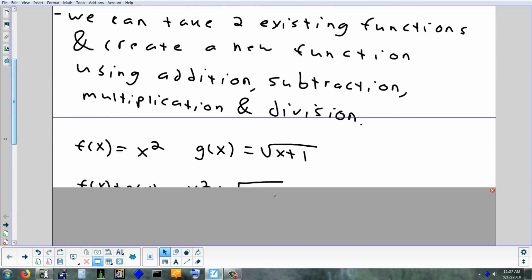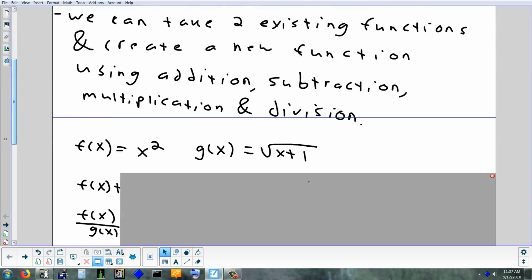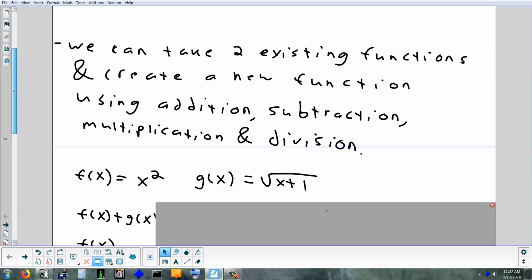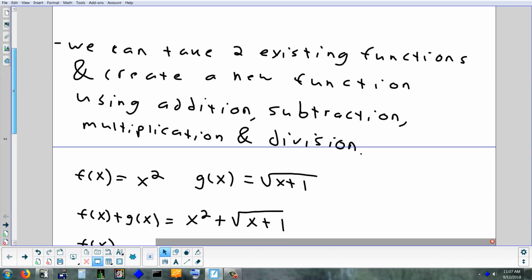So here's an example of two functions. Function f is x squared, and function g is the square root of x plus 1. Now, sometimes when you combine the functions, there isn't really a lot of simplifying you can do. So I'm going to combine these two functions by adding them. And when I do that, there's not really anything I can do.